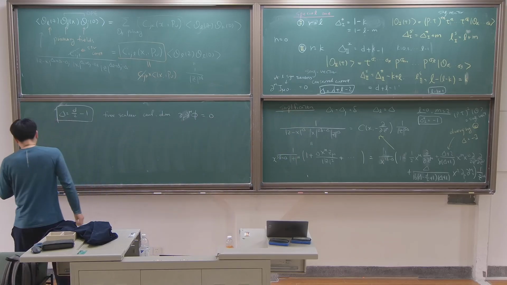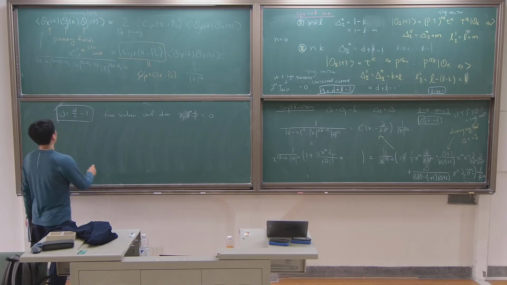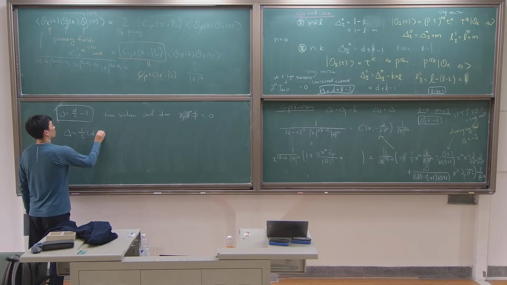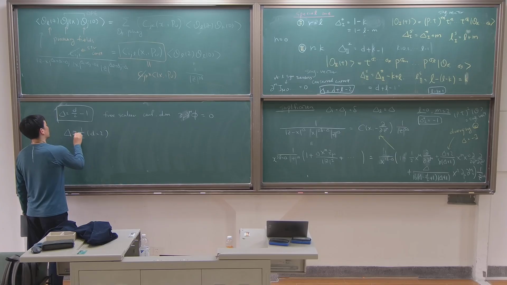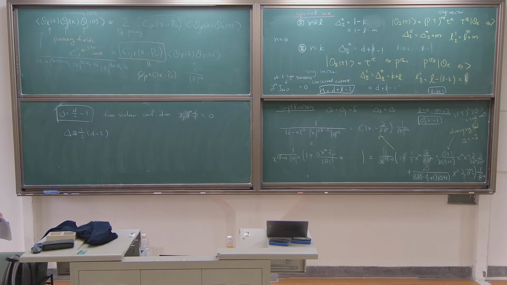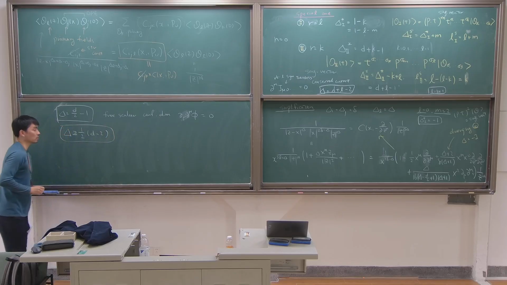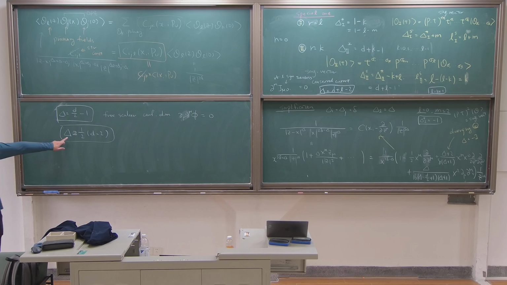Another meaning is that this one, d over 2 minus 1, saturates the unitarity bound. So this one saturates the bound.